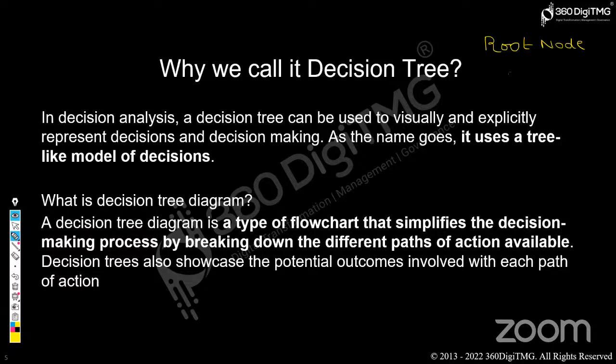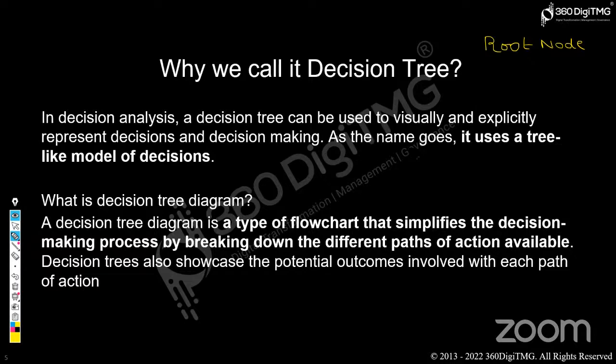This algorithm compares the value of the root attribute with the record, and based on the comparison follows each branch and jumps to the next node. Now, when it reaches the next node, the algorithm again compares the attribute with other subnodes and moves further.